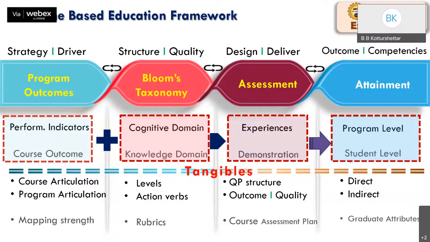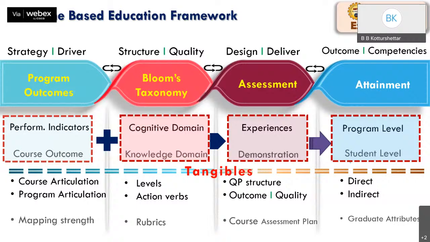Then once we do this, next comes the assessment. When we are expecting students to be good in analysis, what is going to be our instruction strategy? How does that need to be designed and delivered, and what kind of experiences do we bring into our instructions, so that we prepare students for their ability to analyze, their ability to apply, and so on and so forth?